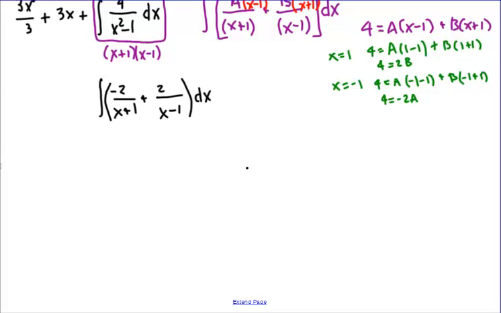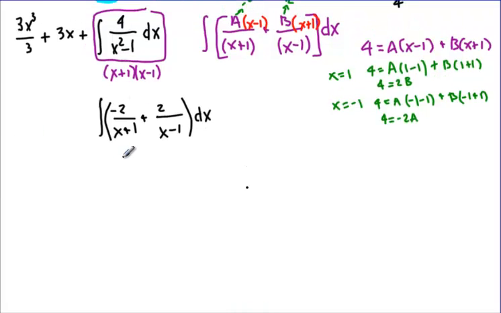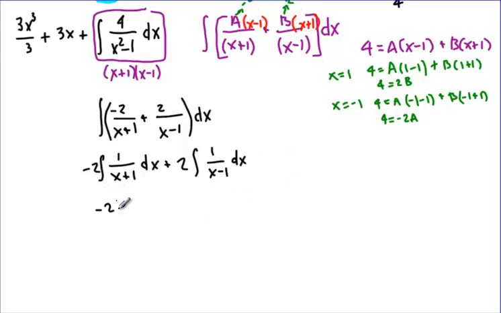Okay, and so to sort this out, let's go ahead and make our page a little longer. When you integrate this, you can factor out the 2's. You could even look at it in pieces, like negative 2 times the integral of 1 over x plus 1 dx plus 2 times the integral of 1 over x minus 1 dx. And so when you do that, you end up with negative 2 times the natural log of the absolute value of x plus 1.